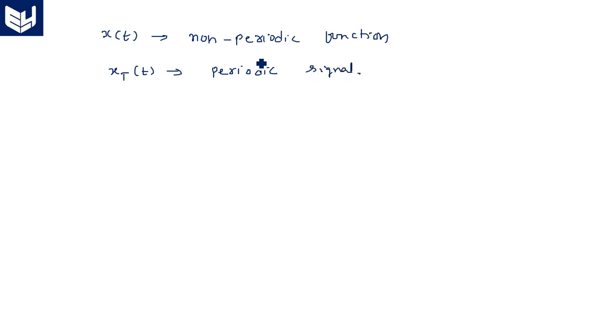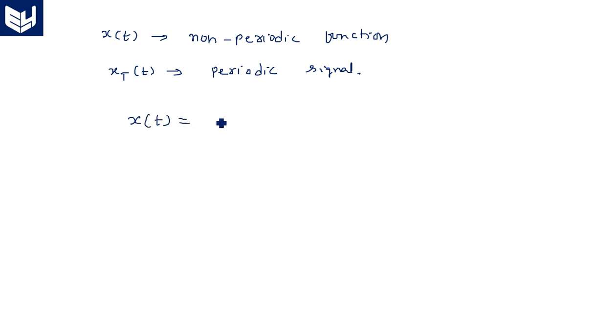That means for this x of t we have to use the Fourier transform, and x_T of t has to be written with the Fourier series because it is a periodic signal.